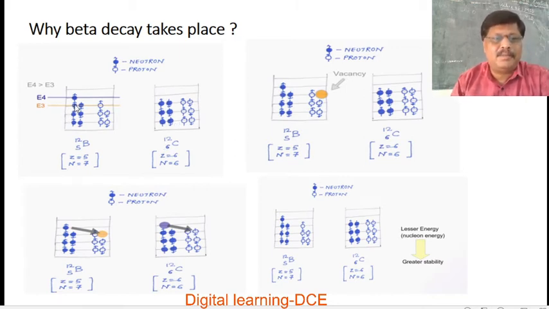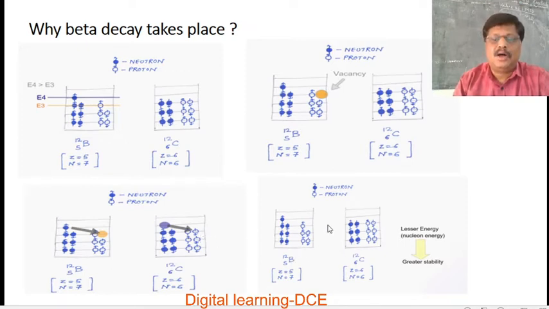In the first diagram, this is the energy level of the neutron. The neutron is in a higher energy level, so it comes to the lower energy level of carbon. There is a vacancy here, and this vacancy is occupied by the proton, and the neutron is converted into a proton by emitting the beta particle.